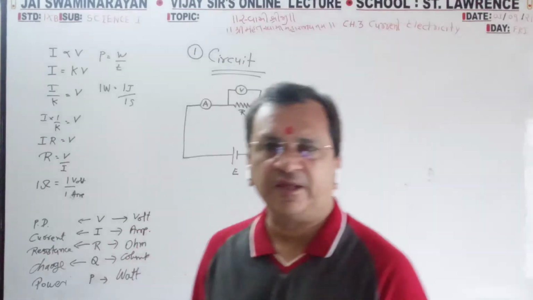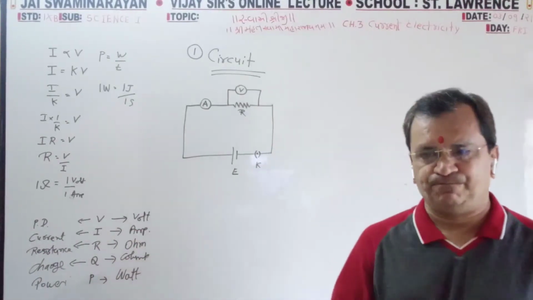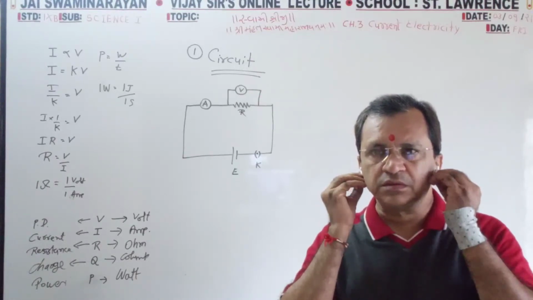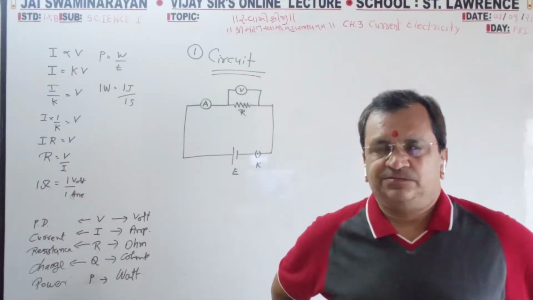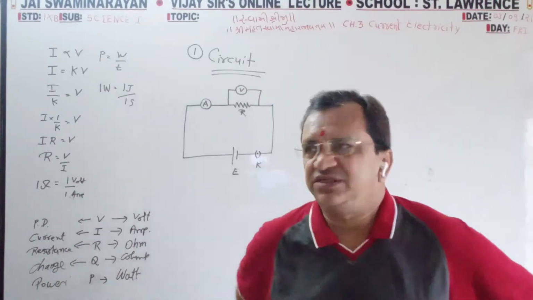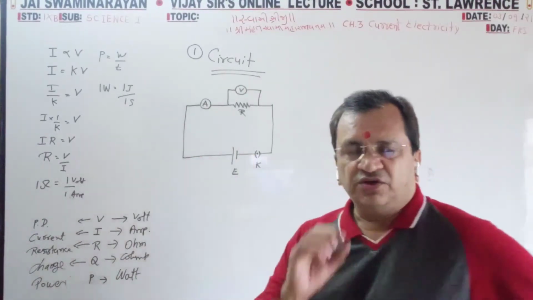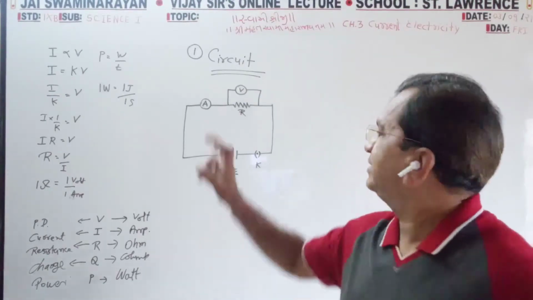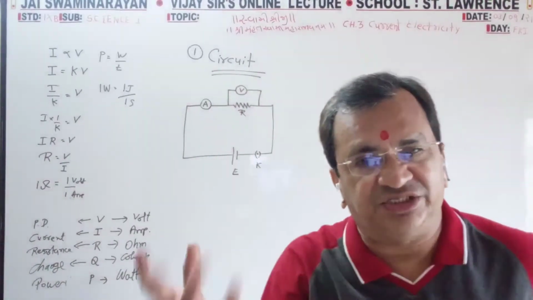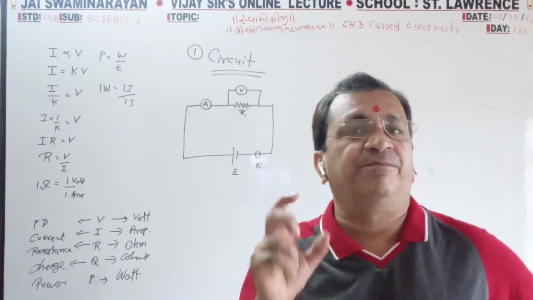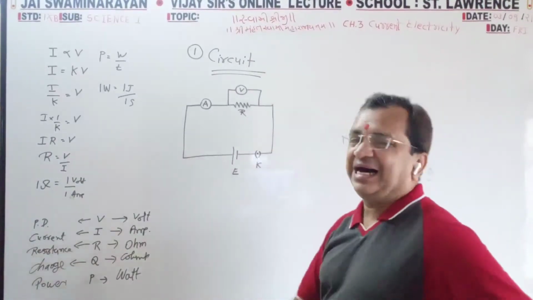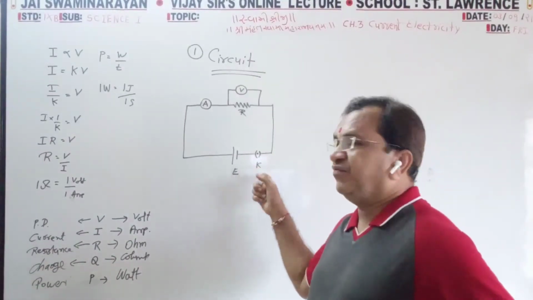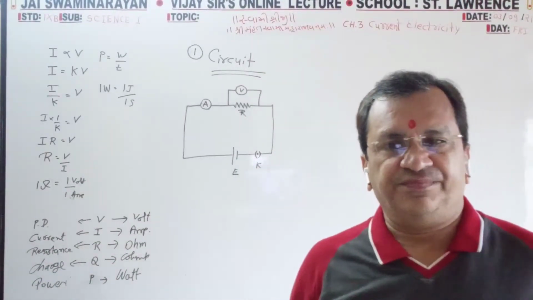Now listen. A for ammeter, which will measure electric current. V for voltmeter, which measures potential difference. R is a resistance in ohm. K for key.